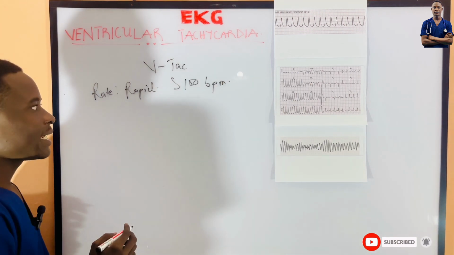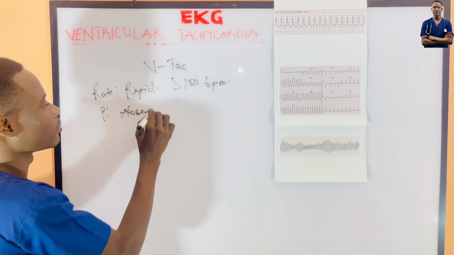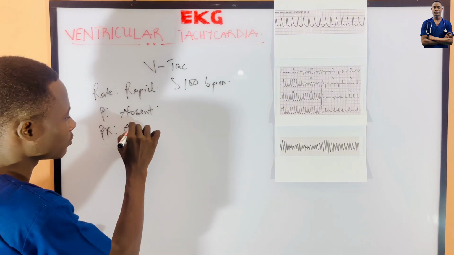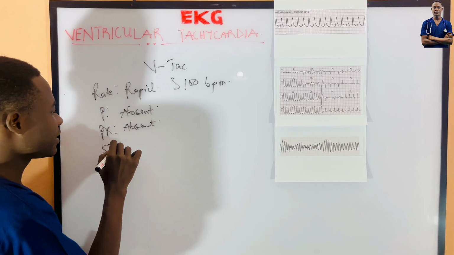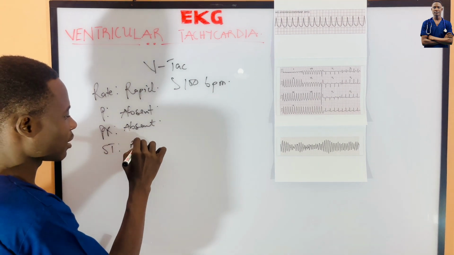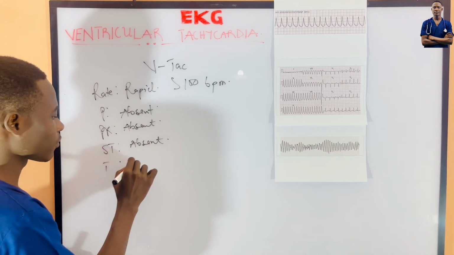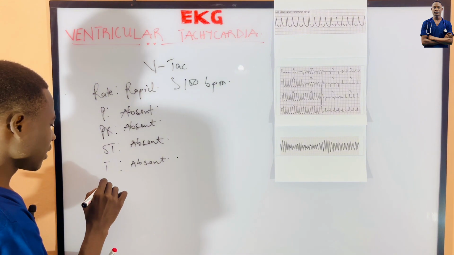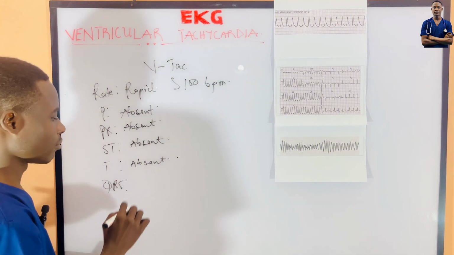And then aside from that, we have P wave absent, PR interval absent, ST segment absent, T wave absent, and then QRS complex present.